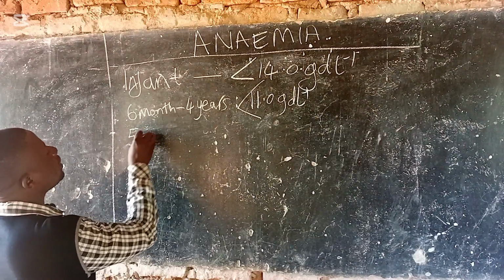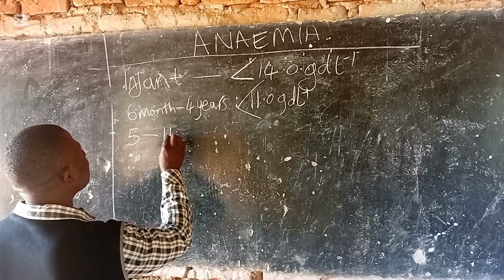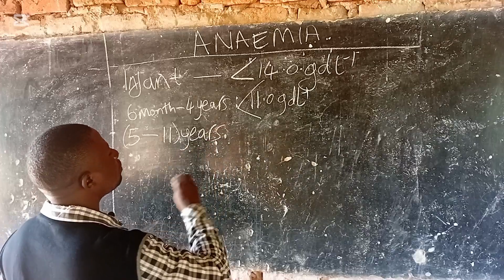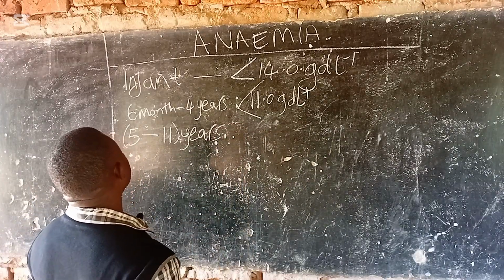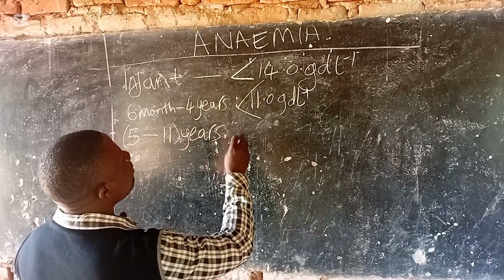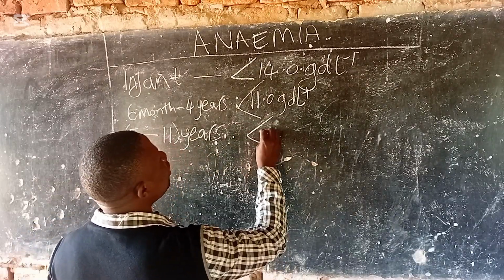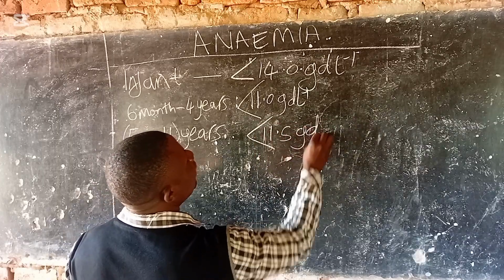So 5 years to 11 years. These ones are considered to be anemic when the HB drops below 11.5 grams per deciliter.